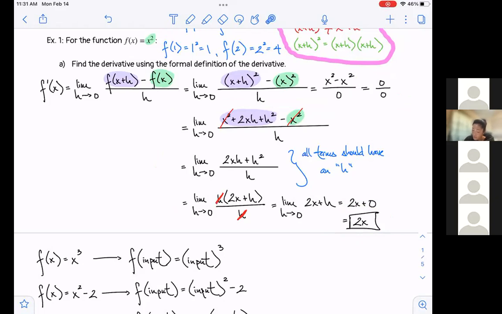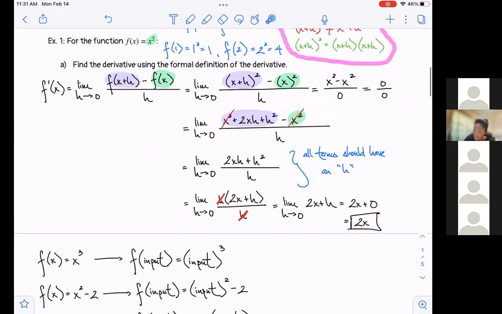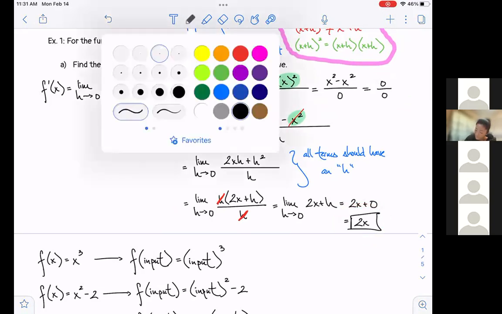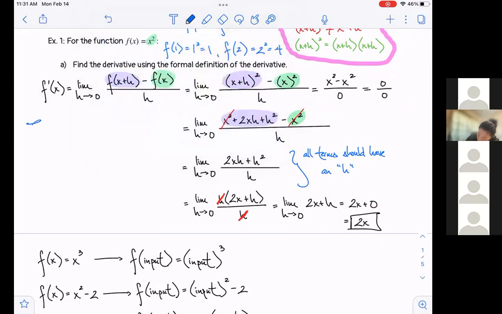Ah, that's a great question. What we're saying is that the derivative of x squared is 2x. Okay, I see now. Okay, so the derivative of x squared is 2x.